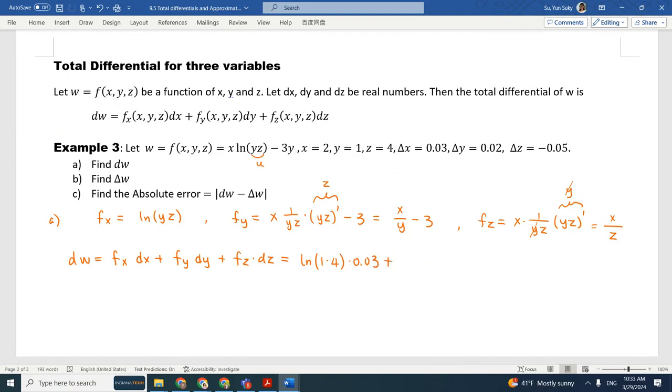And then fy. When you compute this, make sure you put parentheses because it's the whole thing you multiply by dy. Okay? So whose parentheses? Your baby. Yes. Don't forget your baby. That's wrong. Okay. So what is x? 2.